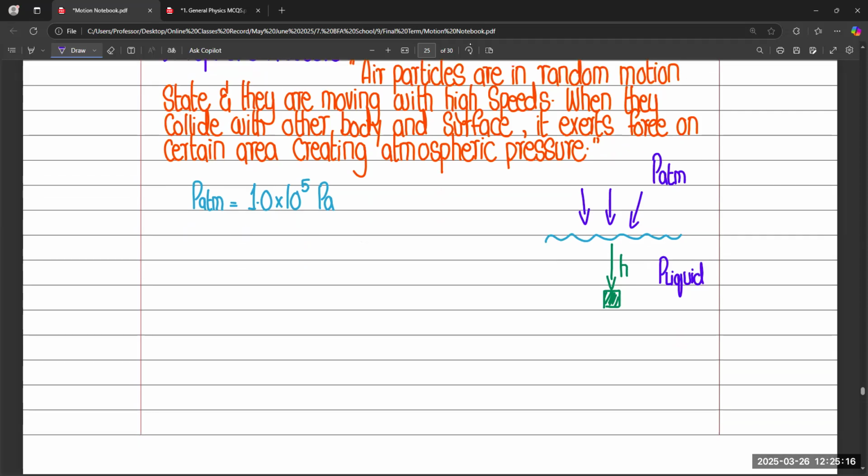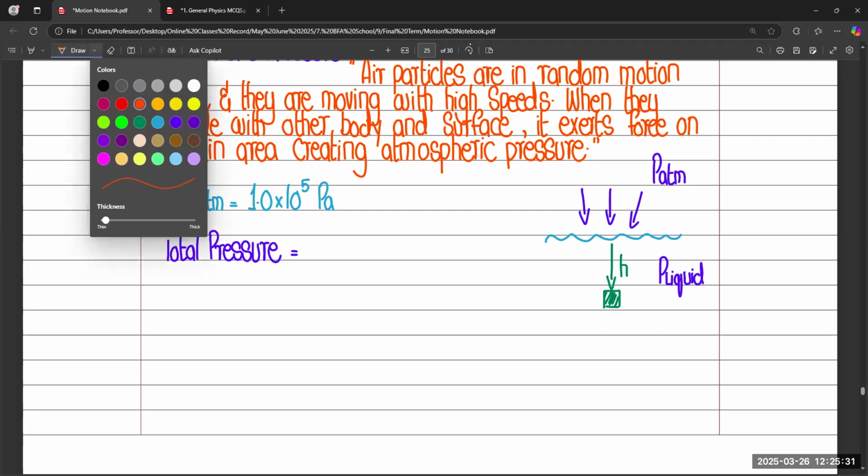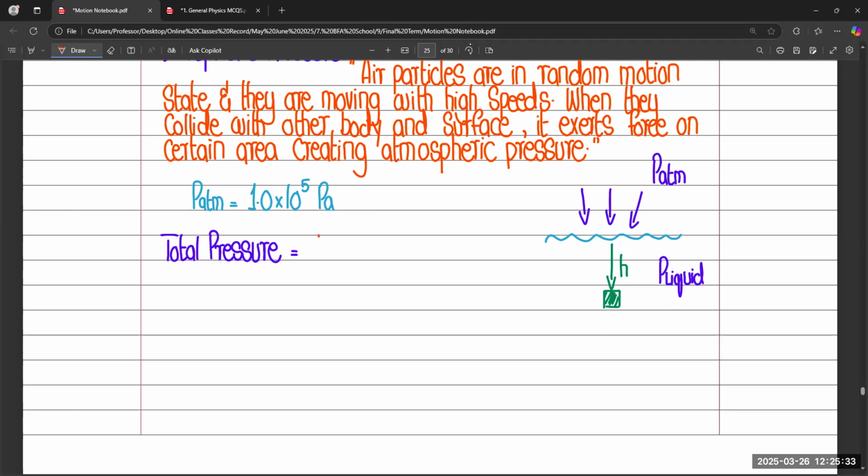So if they talk about the total pressure, the total pressure will be equal to pressure in liquid plus atmospheric pressure, right?